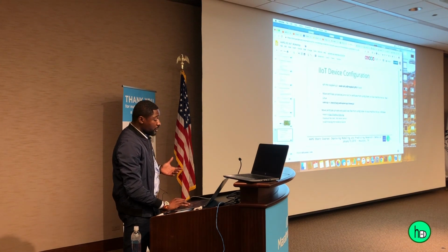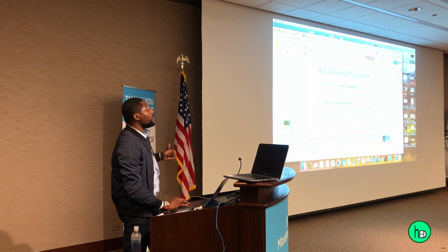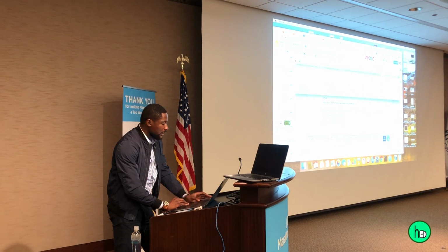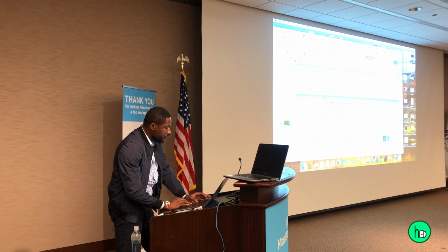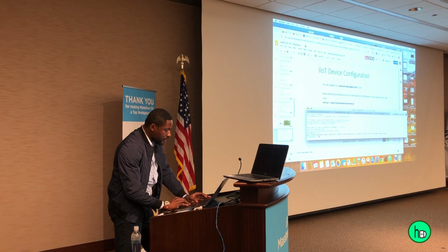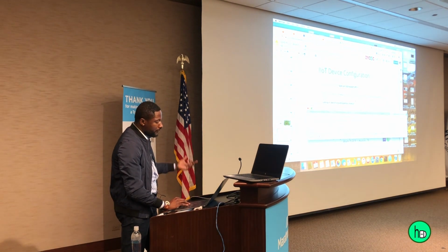So I have this up already now. Once you have that up, you want to copy those configuration folders we created earlier to your Raspberry Pi device. If you look at my terminal here, I've not copied the configuration yet, so you see me copy it right in front of you.